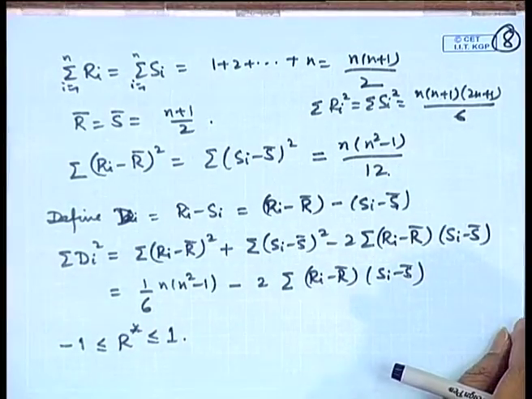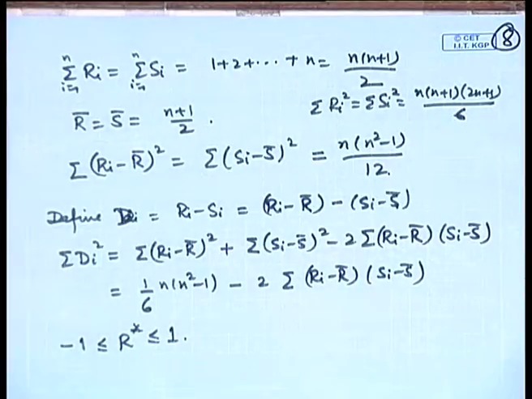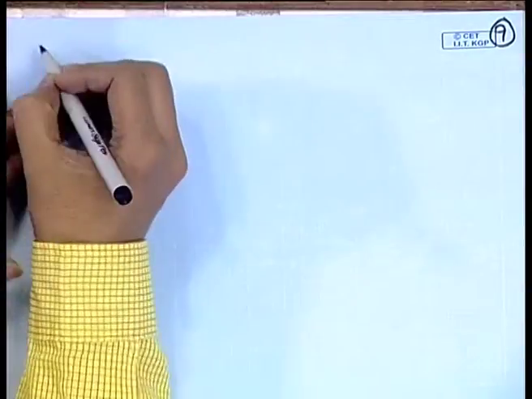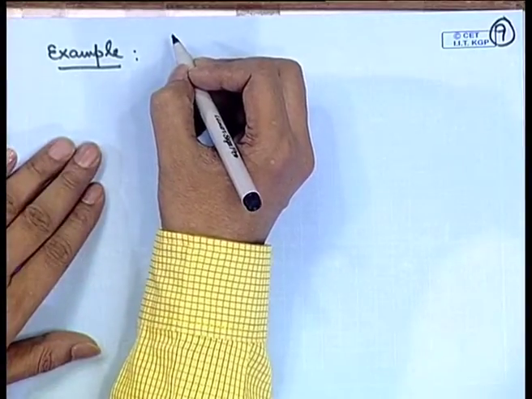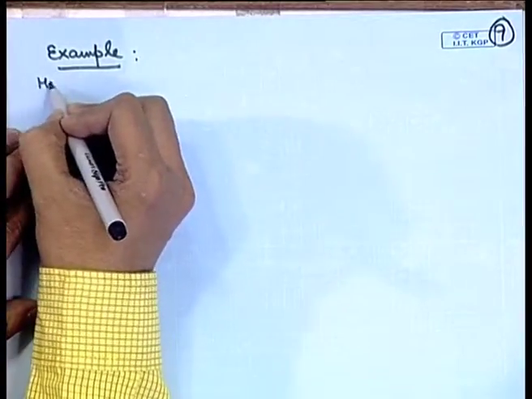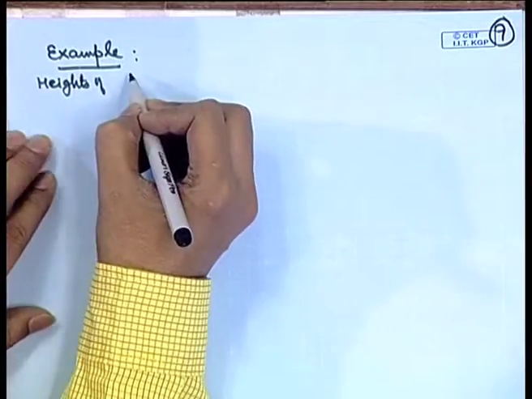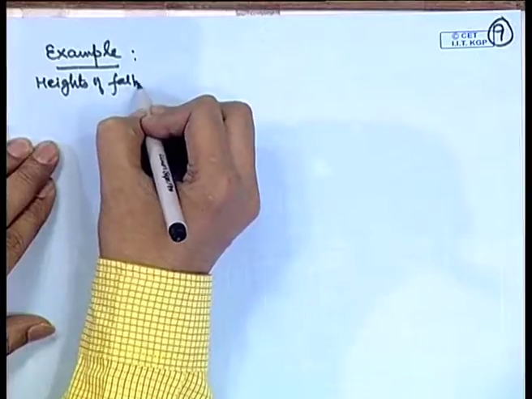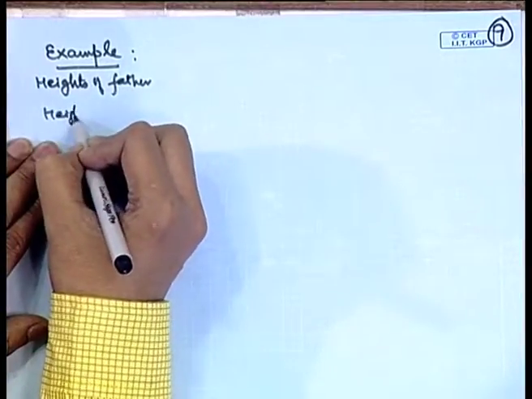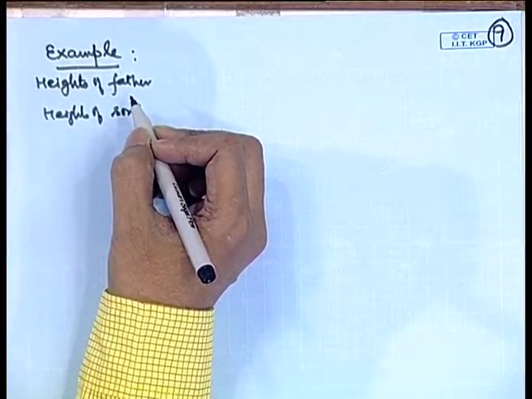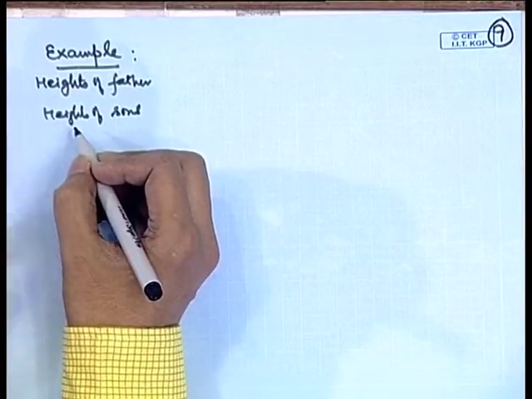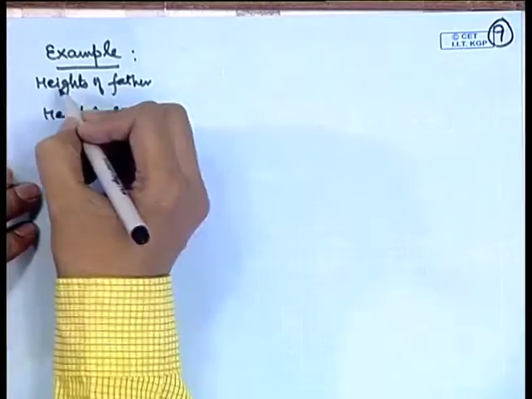We will just consider one more example. So, we have heights of fathers and heights of, say, sons, and the data is as follows. Sorry, this is not heights, this is weights.